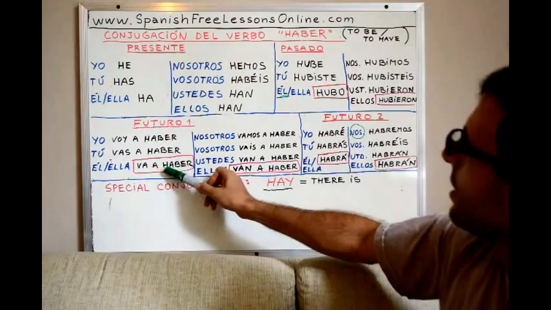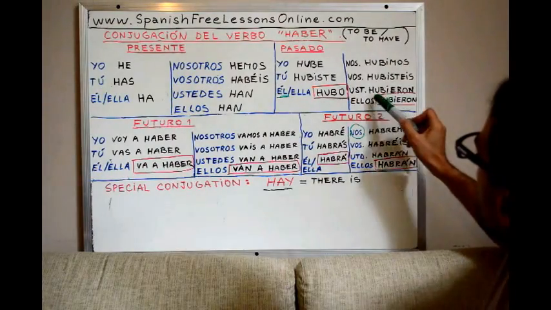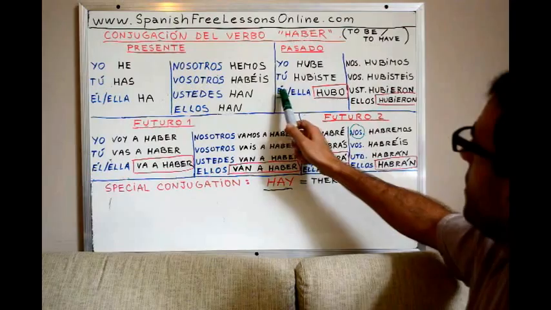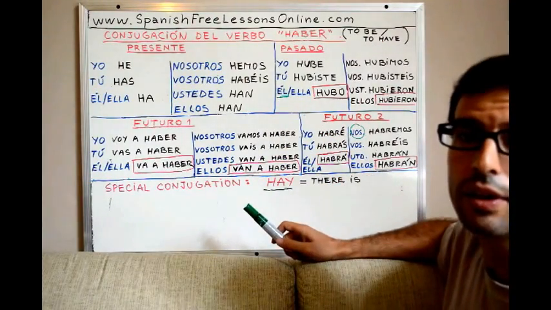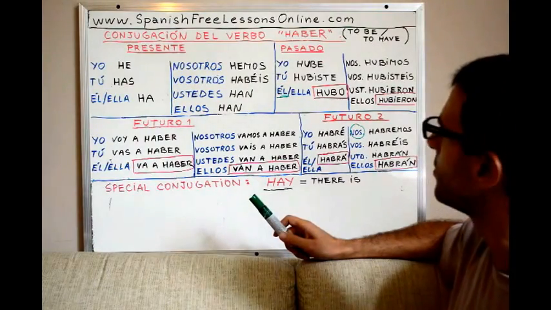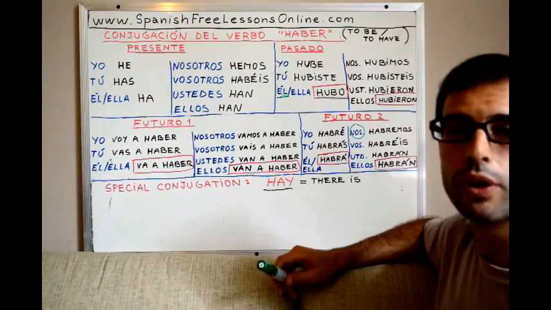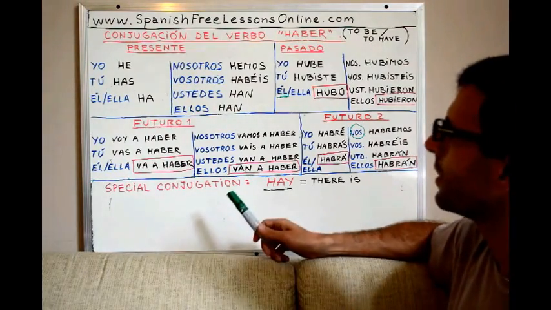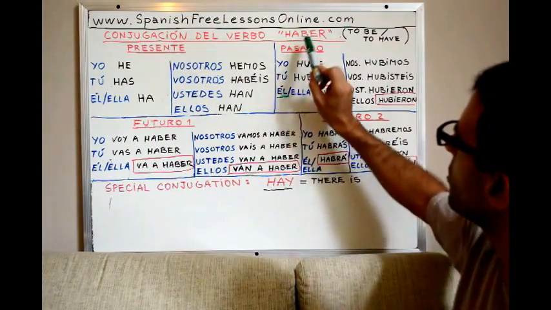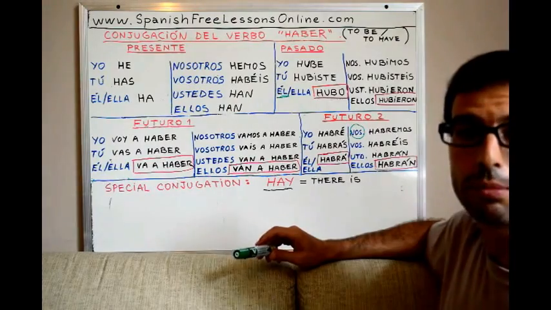And why have I marked these in red? Because these correspond for he or she, and also for the subject pronoun it in English, right? For the abstract also. So if we want to say it will rain, no, because we are using verb haber. Let's see, there was a storm, okay?